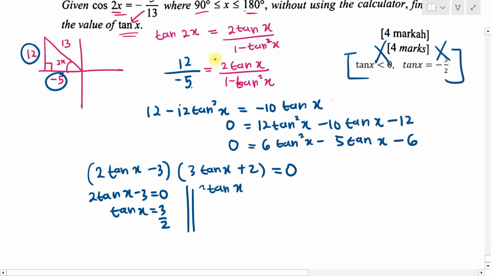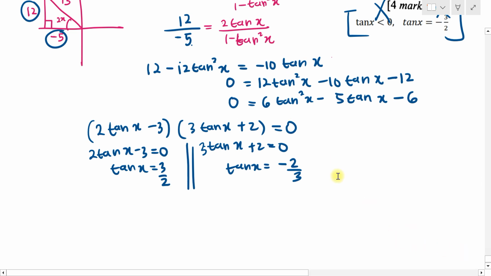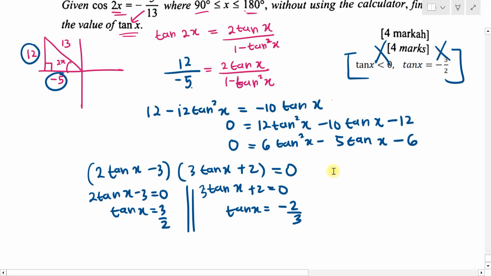Tangent x, 3 tangent x plus 2 equals to 0. So tangent x is equal to negative 2 over 3. But they give you negative 3 over 2.